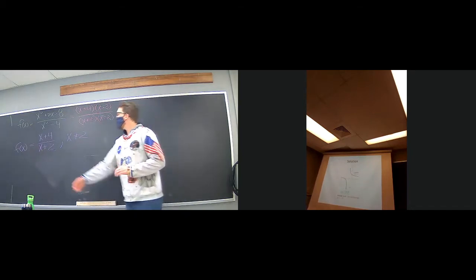So now we can apply the limit and find that we have a vertical asymptote whenever x is equal to -2.